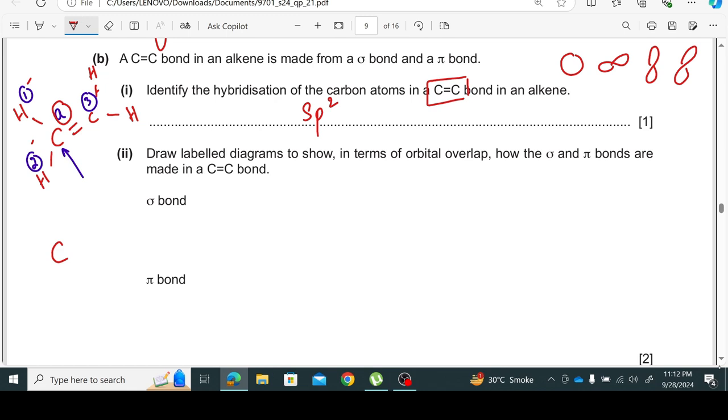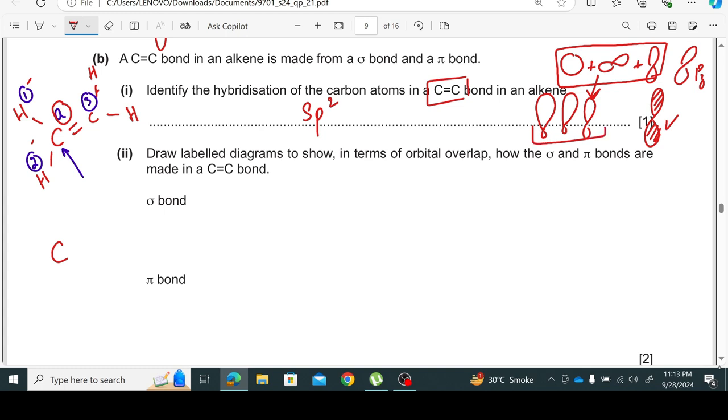So sp2 means when 1s and 2p, 1s and 2p, they are actually overlapping, they are actually hybridizing, and they are making three hybrid orbitals, 1, 2, and 3. So what about this pz? It is unhybrid, it is not hybridized. So first point is your pi bond is formed by unhybrid orbital.